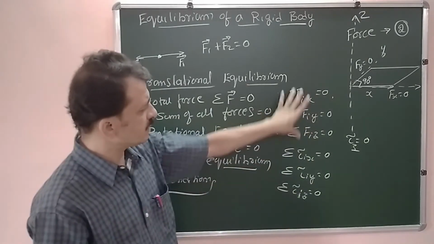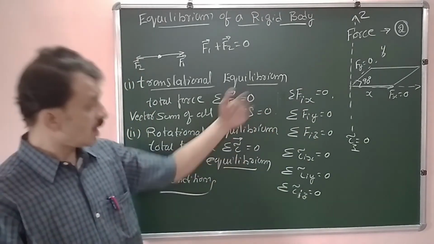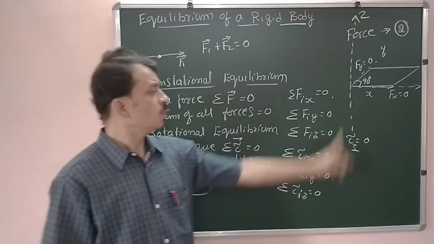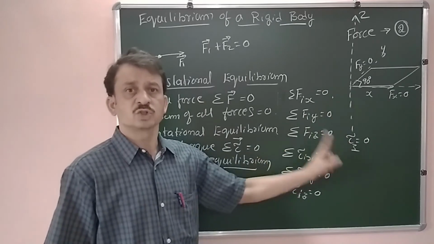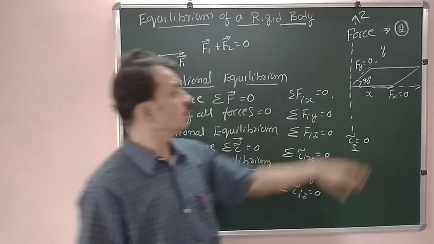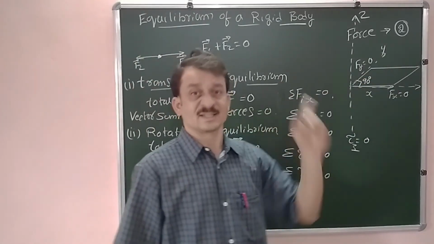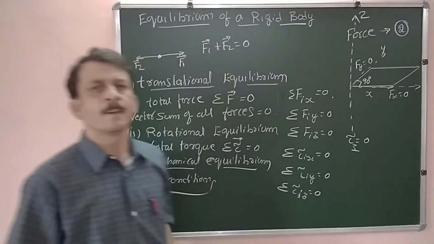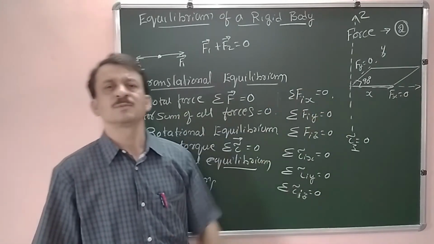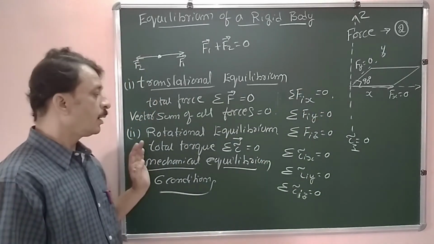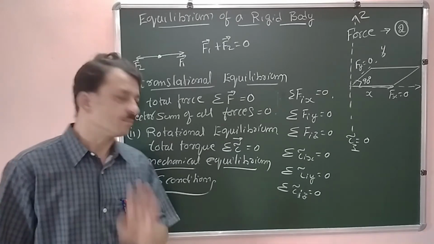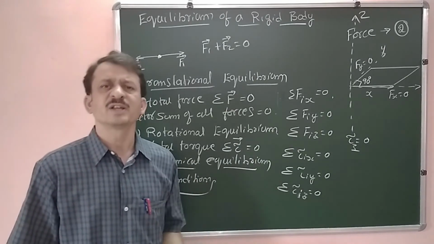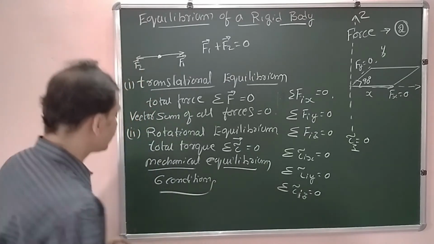In general, we require 6 conditions. Among them, 2 translational and 1 rotational, where the rotational axis should be perpendicular to the 2 translational axes. If these 3 conditions are satisfied, then that rigid body is said to be in mechanical equilibrium. Sometimes a rigid body is said to be in partial equilibrium.